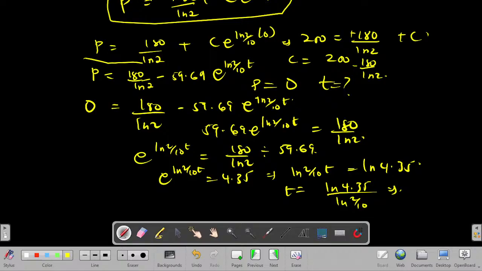That becomes natural log of 4.35 over natural log of 2 over 10, which is also 0.5, right? So 2 over 10 is 0.2. So sorry, that's too simple.